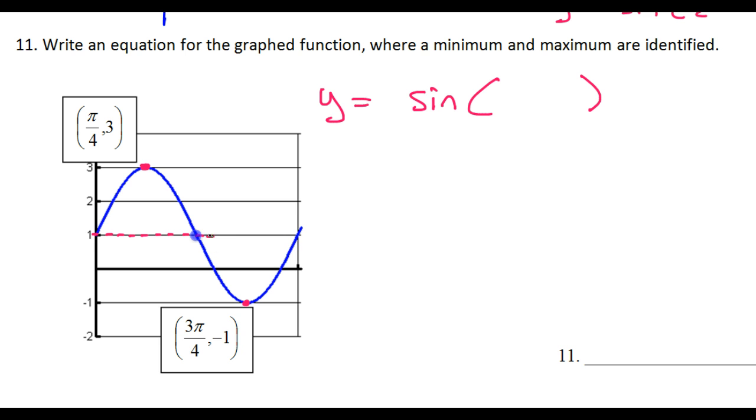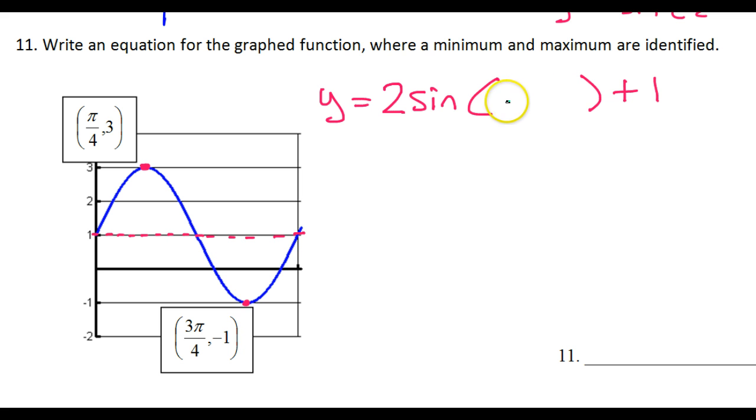I can see the midline is right here at 1. So I know there's going to be a plus 1 involved. What about the amplitude? 1, 2, 3. From the midline it's going up 2 and going down 2. So I know there's going to be this 2 in front because I see the amplitude.